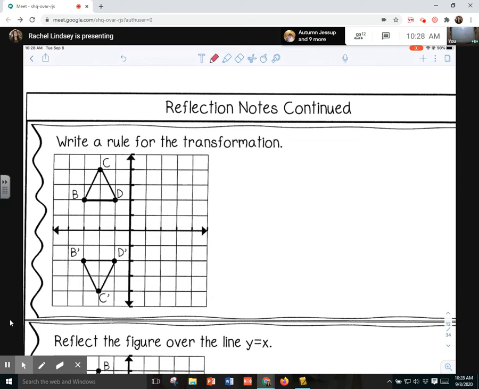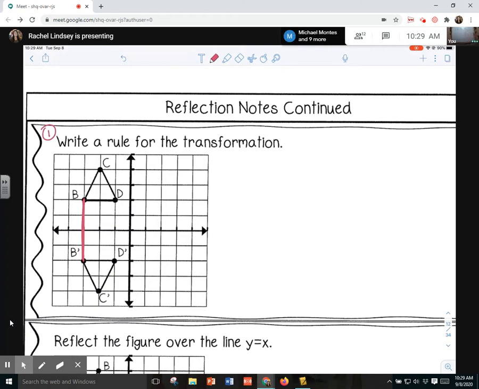So on page 10, number 1, it doesn't have a number, but you want to find the rule for this transformation. So I'm going to look at one of the letters to its prime. I'm going to look at B to B prime. I'm going to look at the distance between those. How far apart are those?